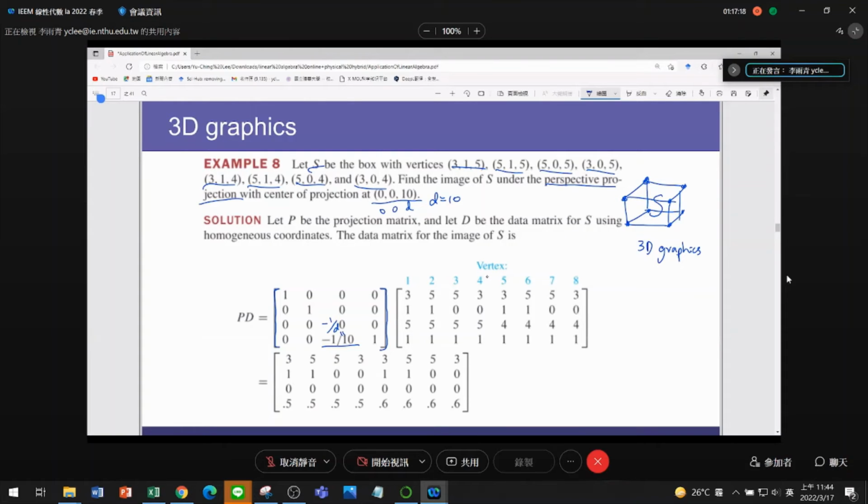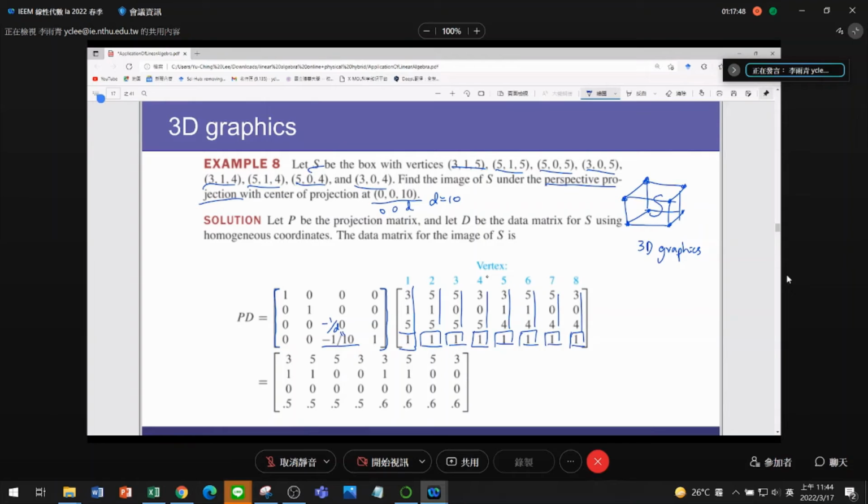And then for all of the 8 vertices, we also need to work on their corresponding homogeneous coordinates. To do that, we need to add a fourth element 1 right here. So we are adding 1 on all of the 8 vertices. So there are 8 columns.